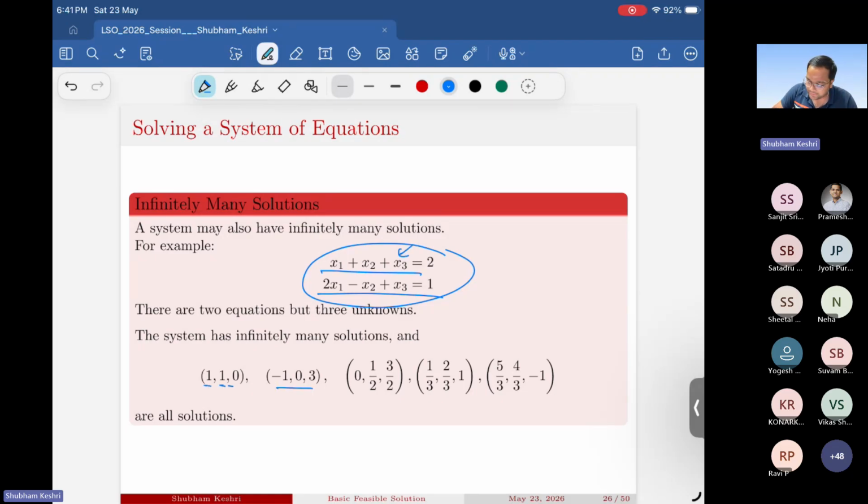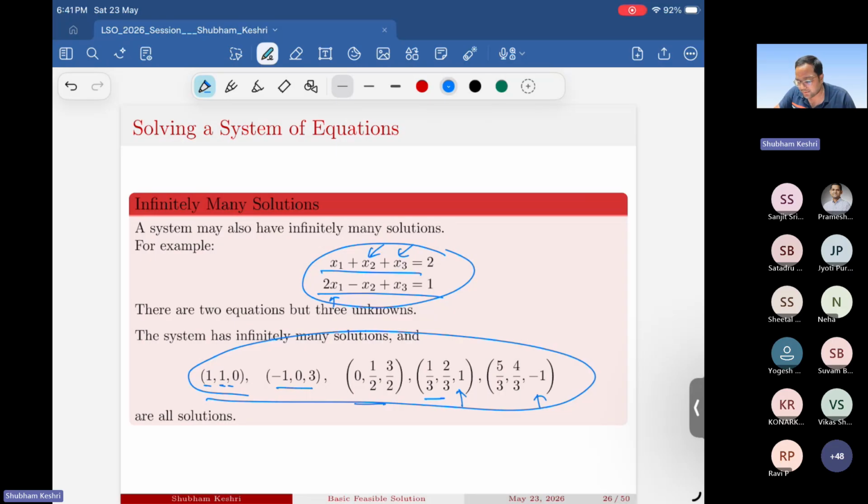This one is when we are setting x2 as 0 and solving. And this one is when we are setting x1 as 0 and then solving. We can set any other value as well. For x3, we are setting 1 and then we obtain these 2 points. In this case, we are setting x3 as -1 and then we get these points. So you see there are multiple solutions, and they satisfy these constraints.